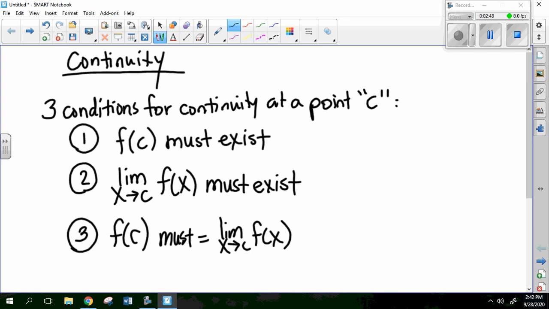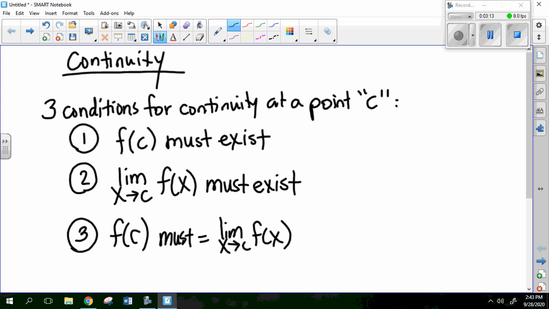So condition 1 means the point exists. Condition 2 means the limit exists as we come into that point from both sides. Condition 3 means the point exists, the limit exists, and they're equal. The point is where the limit comes in and they meet up.